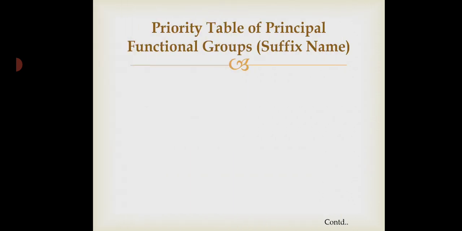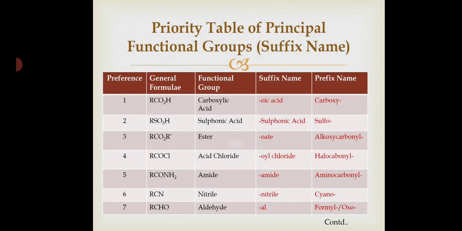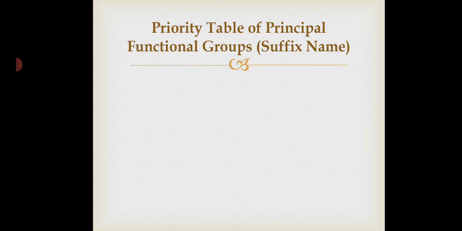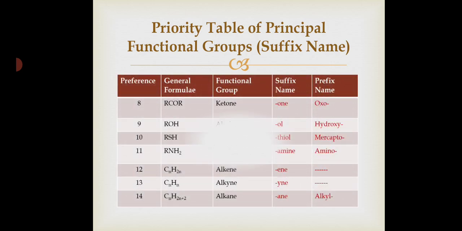I hope you remember the priority table which we discussed in videos 7 and 8 of the series of videos that we have published. This is the priority table of the principal functional groups.